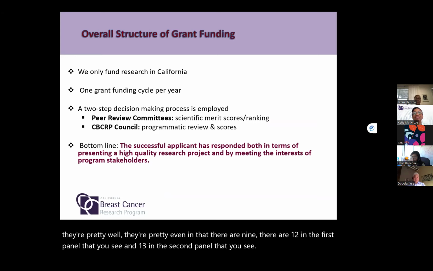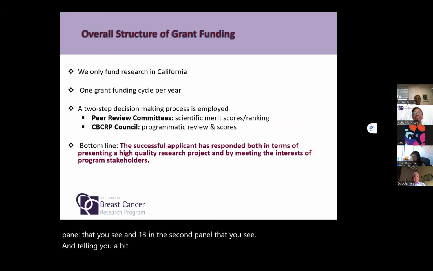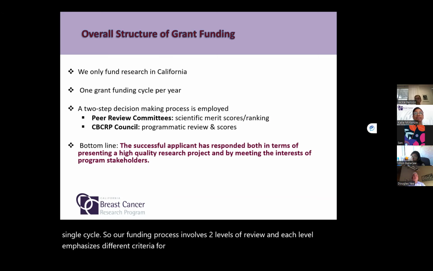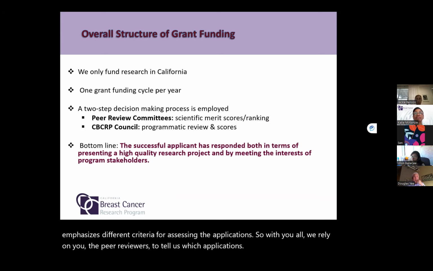Telling you a bit about our overall structure of grant funding, CBCRP does only fund research in California, and we offer our core funding in a single cycle. Our funding process involves two levels of review, and each level emphasizes different criteria for assessing the applications. We rely on you, the peer reviewers, to tell us which applications are scientifically meritorious.